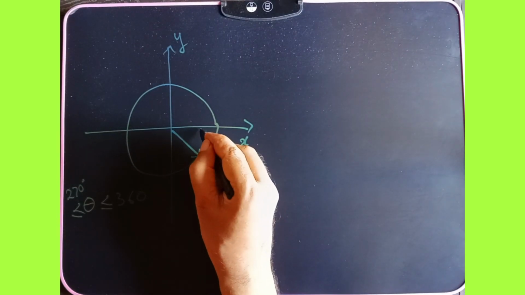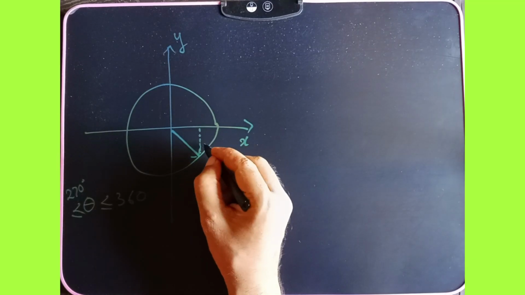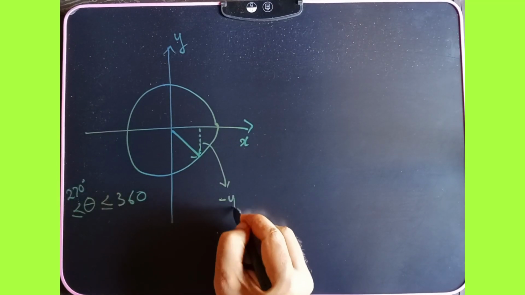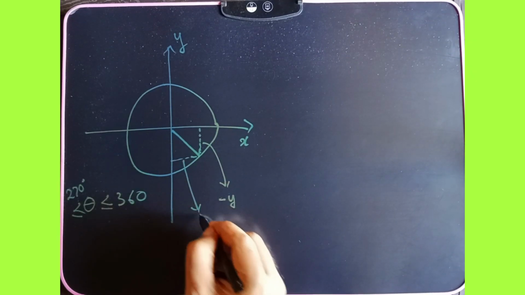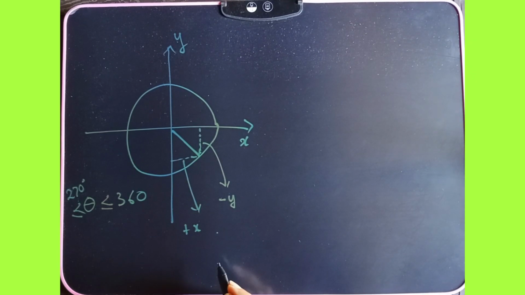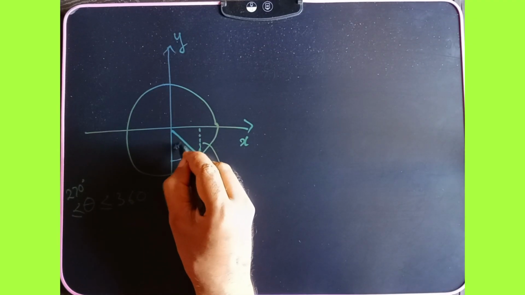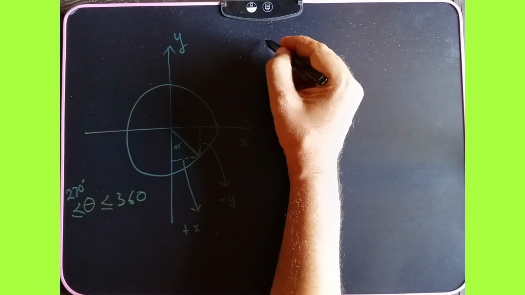So here this is y. This is going to be negative y, this is positive x, and this is r, of course. This is positive r.